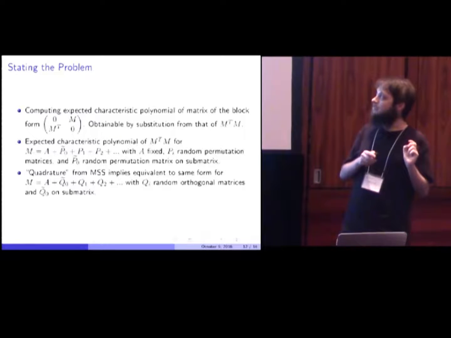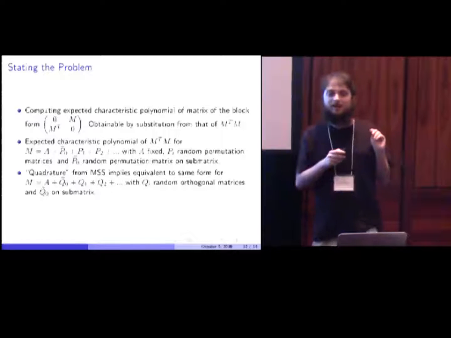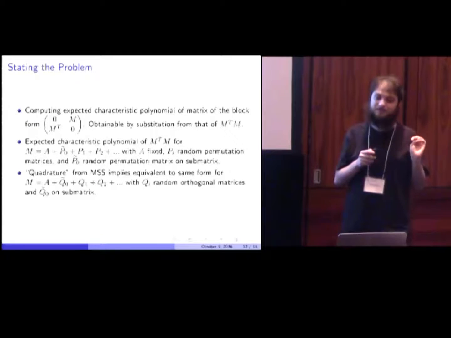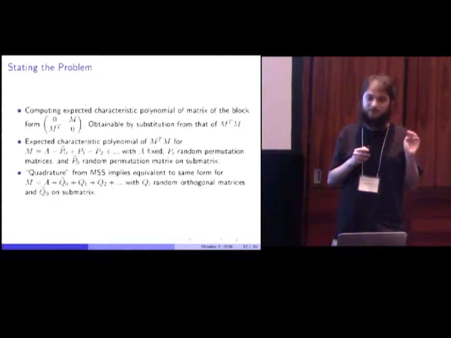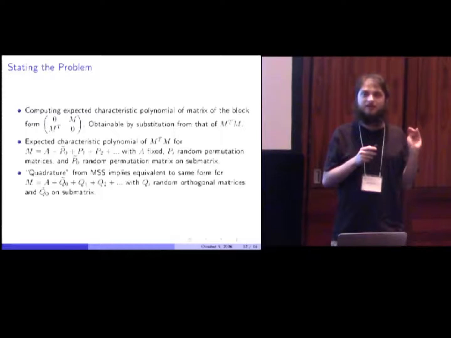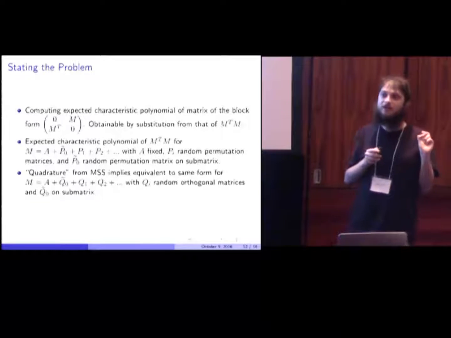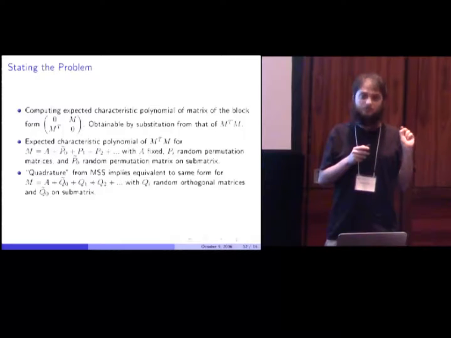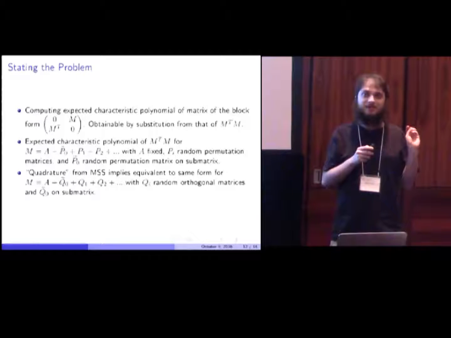Okay, so it turns out very nicely, the original MSS paper showed this fairly general type of, quote, quadrature result, which says that the fact that these are permutations, which are sort of nasty and discrete and seemingly basis dependent, actually doesn't matter modulo the expected value.